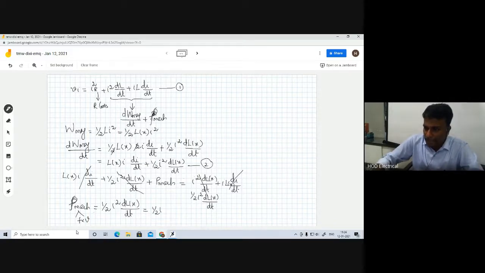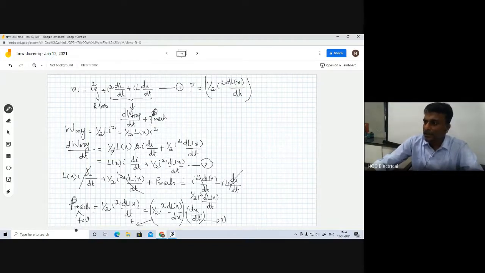Half I square dL(x) divided by dx into dx divided by dt. So this is nothing but force, and this is nothing but velocity. So we can write power is nothing but half I square dL(x) divided by dx into dx divided by dt.